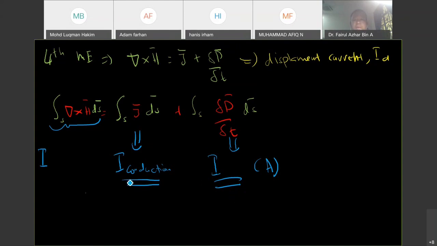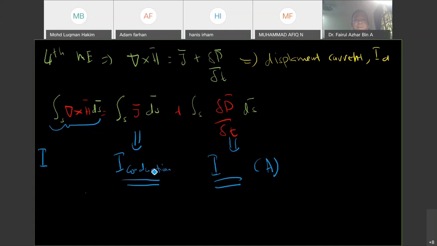Otherwise we cannot simply add these values, because this is not typical mathematics; when we deal with physics, we need to consider the unit as well. The unit must be the same. This one is ampere, so this part also should be ampere, and the summation of them will be another ampere value, so it should be a current as well.